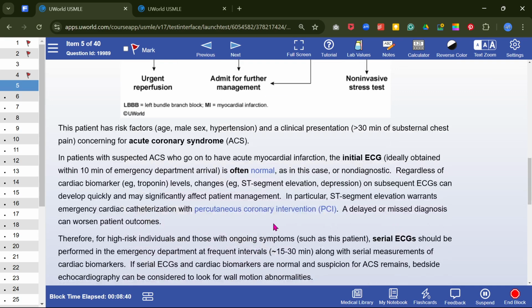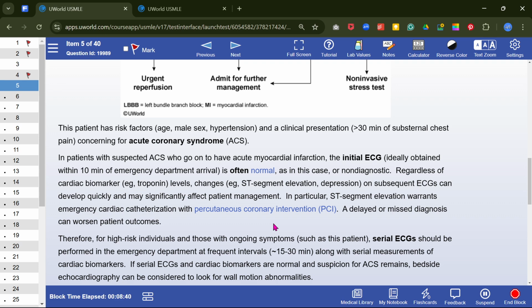So this patient has risk factors like age, male sex, hypertension, and a clinical presentation of more than 30 minutes of substernal chest pain concerning for acute coronary syndrome, in a patient with suspected ACS who goes on to have acute MI.